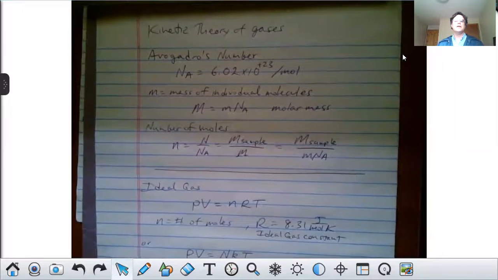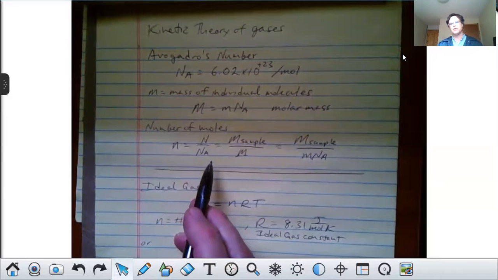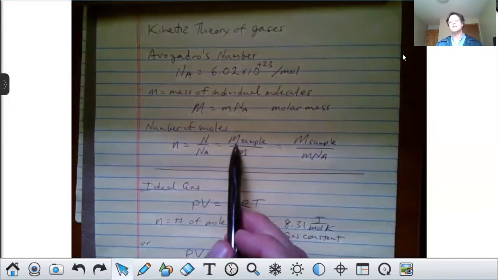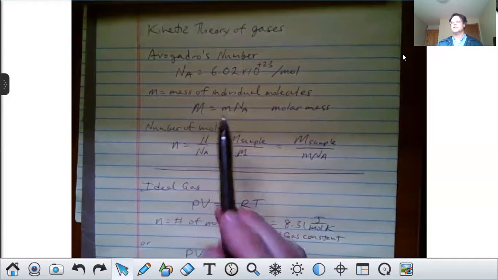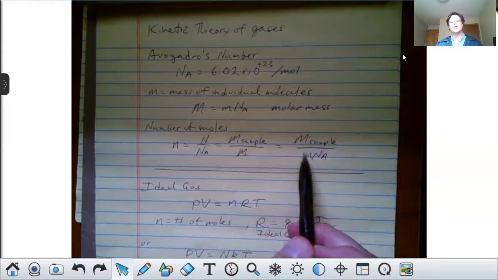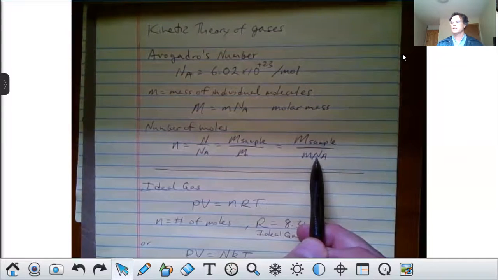So we can calculate the number of moles just by taking the number of atoms or molecules in whatever sample you have and dividing by Avogadro's number, which turns out to be the same thing as the mass of the sample divided by the molar mass of that particular substance. And again, I just rewrote it here: mass of the sample divided by the mass of an individual atom or molecule times Avogadro's number.